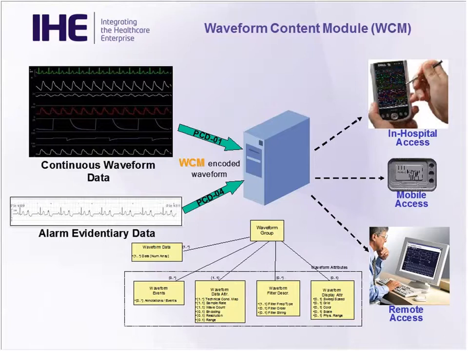We do allow multiple types of formatting of the data. So if you have an alert and you want to send that out to a mobile device, there's a wide variety of mobile devices out there, some of which might be able to take live streaming data, and they're medical devices.